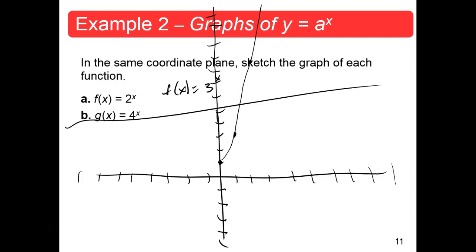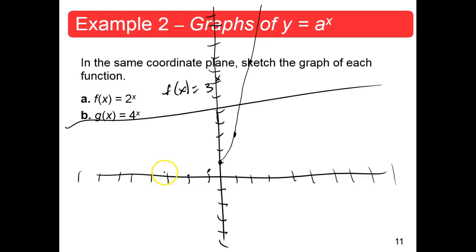How about on the left-hand side? Negative 1 will be 1/3. Negative 2 would be? 1/9.